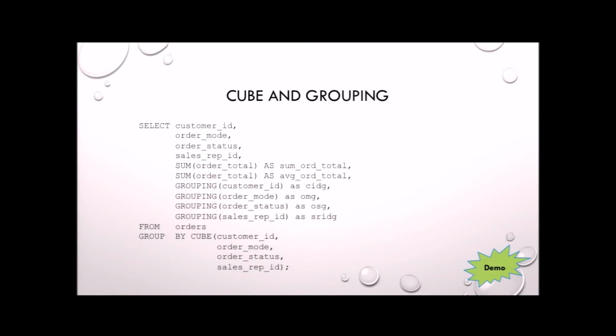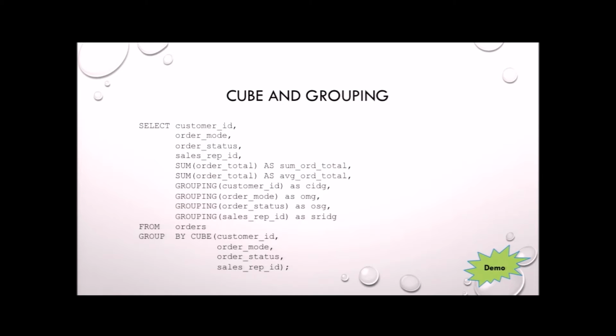And it becomes very helpful, especially when you run a query, and when you have a total, let's say by customer ID and order mode, on that row, order status and sales rep ID will be null, and then there will be another column over there with your aggregate function, which is your sum. Okay? Now, if you look at that, it's very hard to tell, is that really a total by customer ID and a null order status?